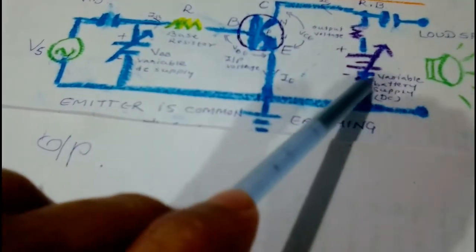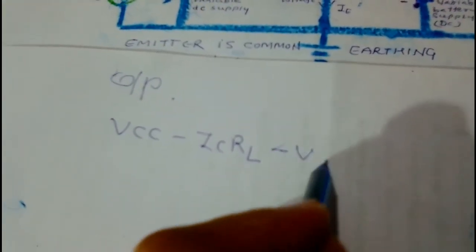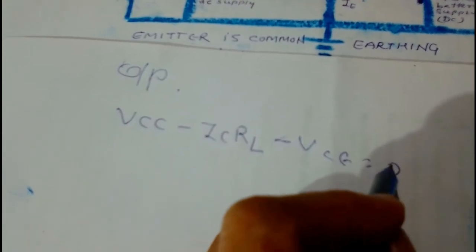So our equation will become VCC minus ICRL minus VCE is equal to 0.